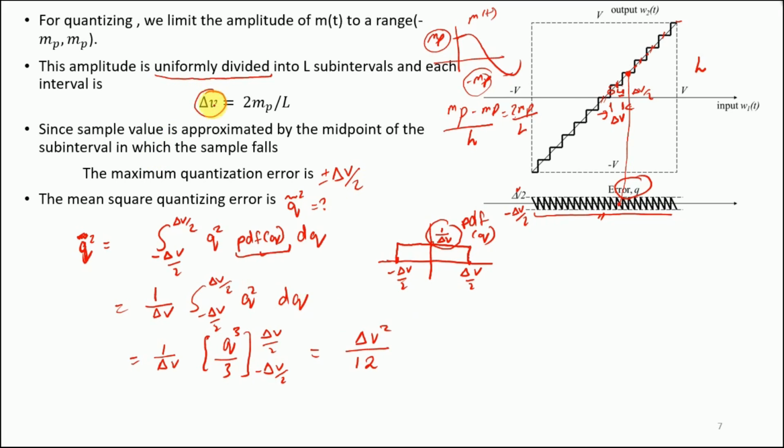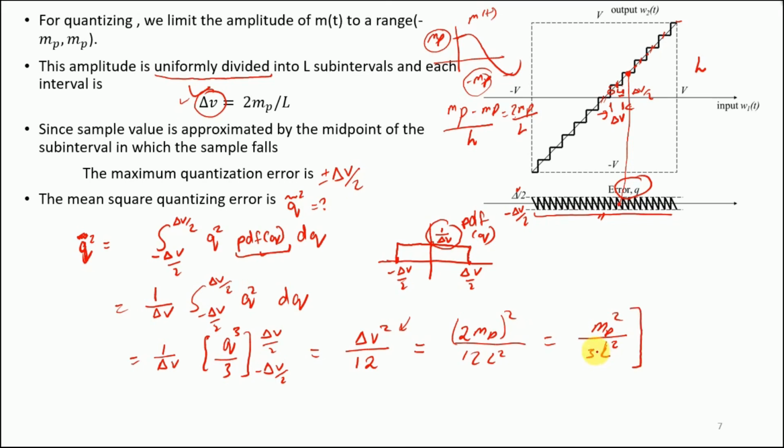But we have mentioned that this delta v is 2 mp by L, 2 times the peak value of the message signal by the quantization levels L. So we put this delta v value over here, and hence we would have 2 mp whole square by 12 L square, and simply this would be mp square by 3L square. So this is the mean square quantization error of the quantizer.